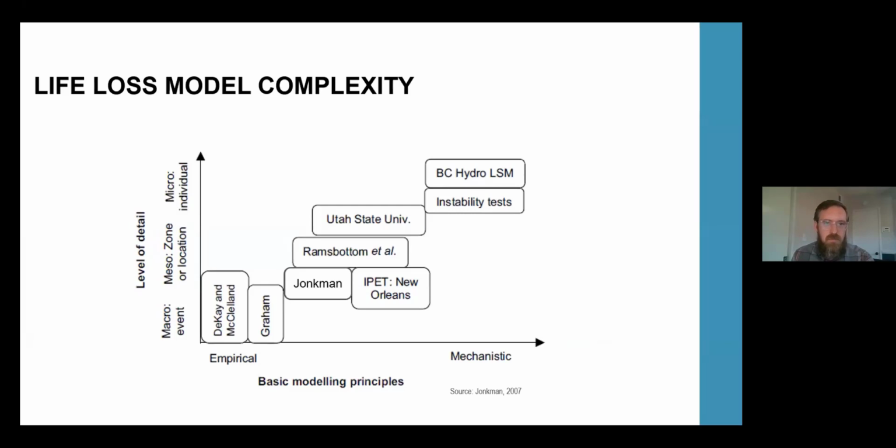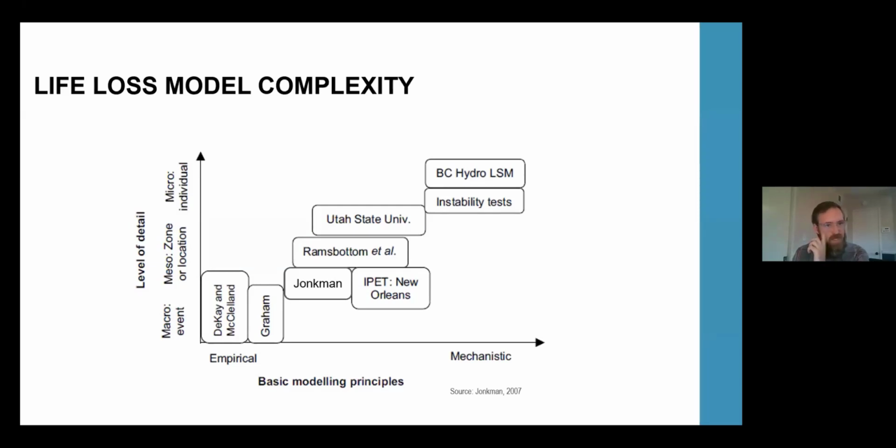The Utah State University model was developed by Dr. Bowles and was a precursor to LifeSim, also called LifeSim. And then you've got the BC Hydro life safety model and flume tests that were there.